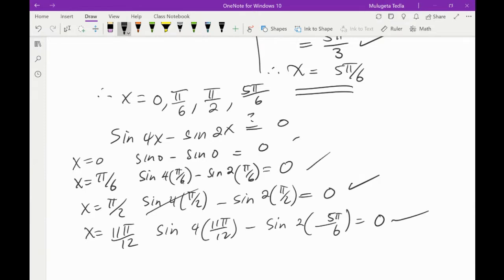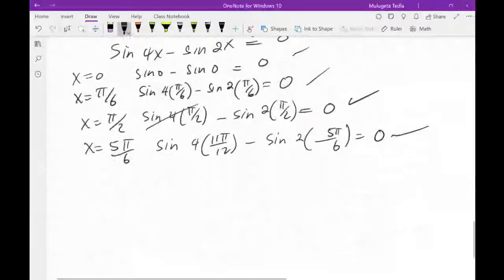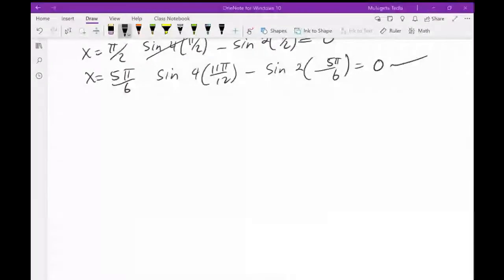Yeah, that's true, and all of them are correct. So this is not 11 pi by 6, it's 5 pi by 6. Okay. Yes, Arthur, 5 pi by 6 is a better answer.